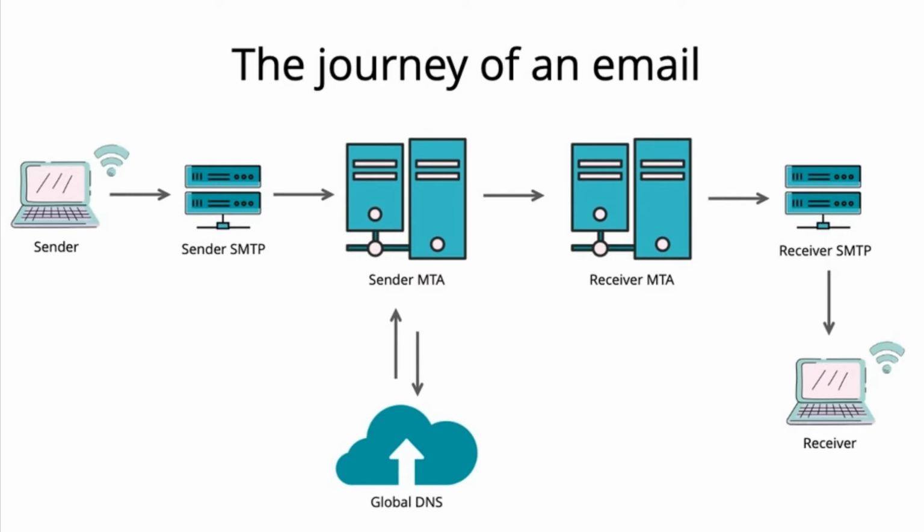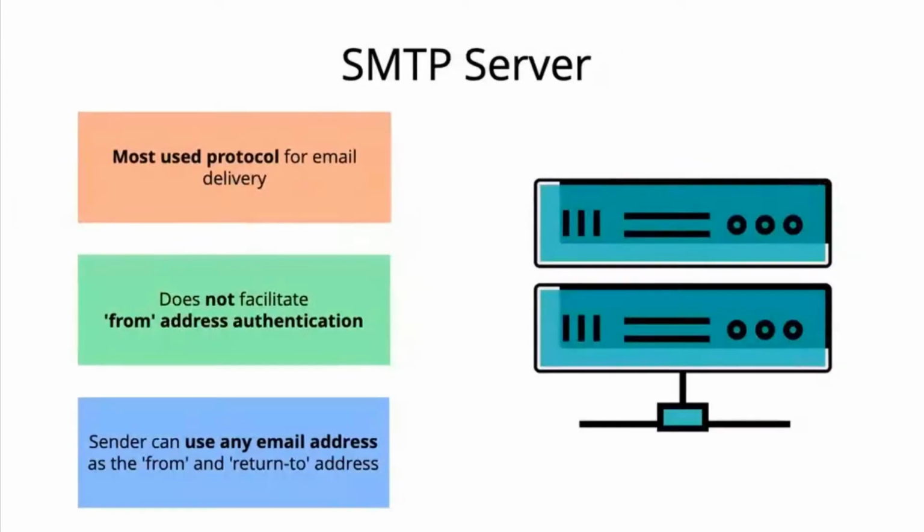So, what does this have to do with email spoofing? Well, if you notice, the SMTP server plays a major role in the delivery of these emails. But because SMTP is a very old protocol, but still considered to be the standard for web mails, there is a major drawback that comes with it.